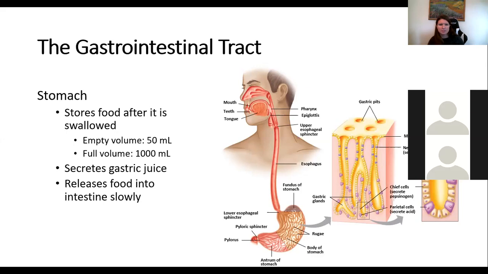The job of your stomach is to continue this digestive process that we started in the mouth. So we're trying to break down our food, and it's going to do that partially by using gastric juices. Our gastric juices are a collection of enzymes and other molecules that help us break down things in our food. Its other job is to slowly release this into the intestine.